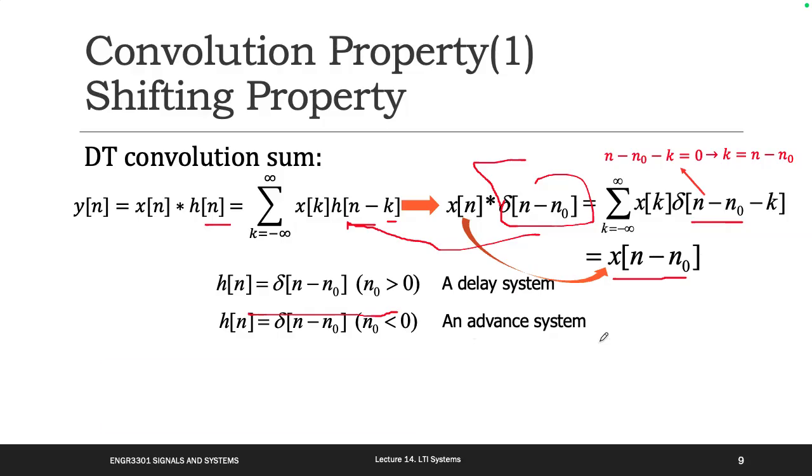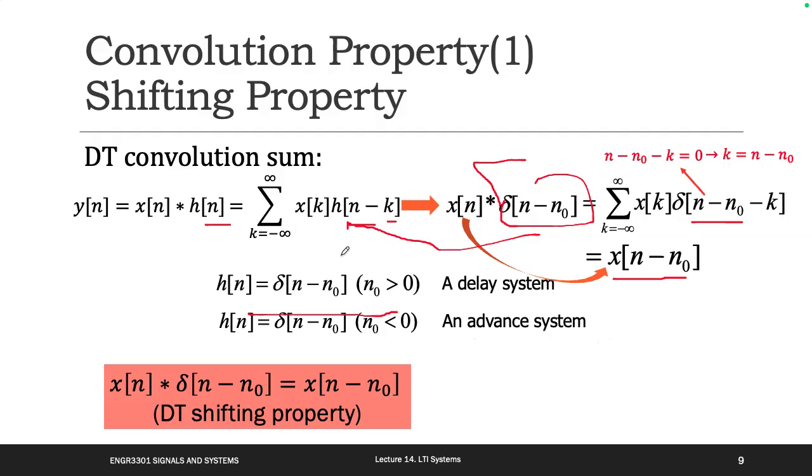Yeah. So this we call a shifting property. I know this may be a little confusing. This is a shifting property, but just now we also talked about a shifting property. So this is the DT shifting property, which means if your xn is convolved with this form, the result will equal this one.